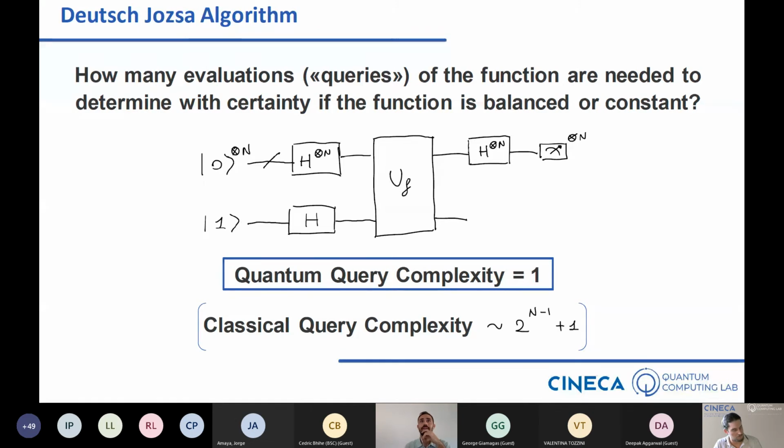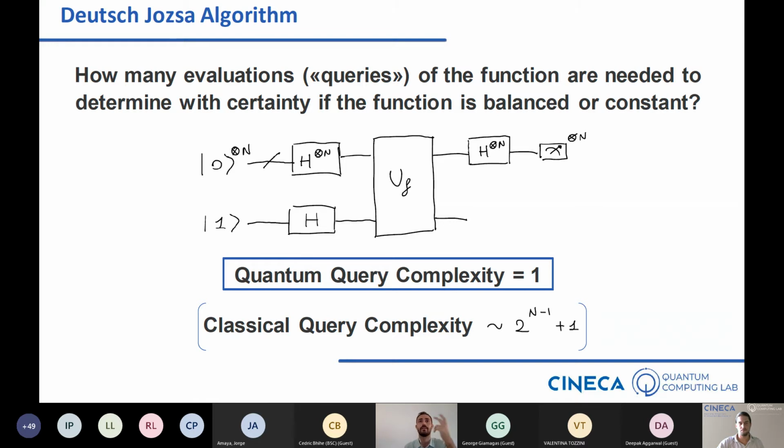Maybe the real world application of this algorithm is a bit hard to find, because you have to find a function. You don't often have a real world problem where the task is to understand if some function is balanced or constant.